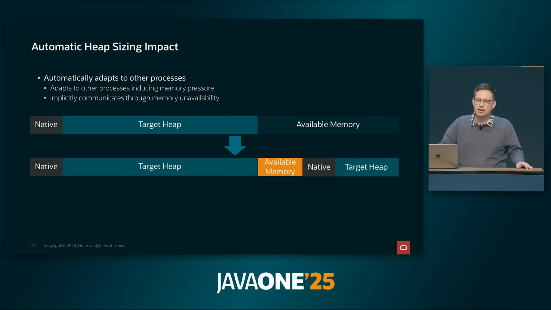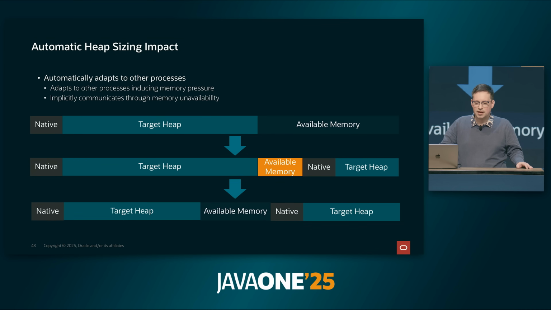However, since the originally running JVM is more bloated, that means that that's the one that's going to shrink the most. In fact, the other one will keep growing, and eventually it converges at a point where both JVMs are happy, and there is still some buffer of memory available for unpredictable situations. I think this is pretty cool.